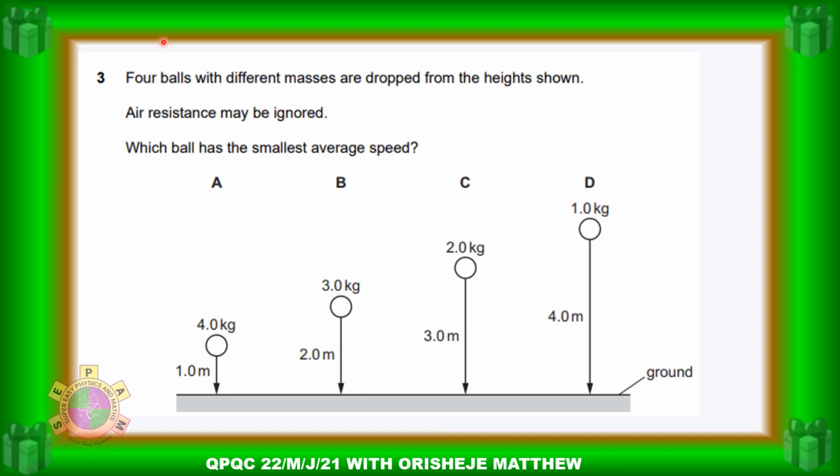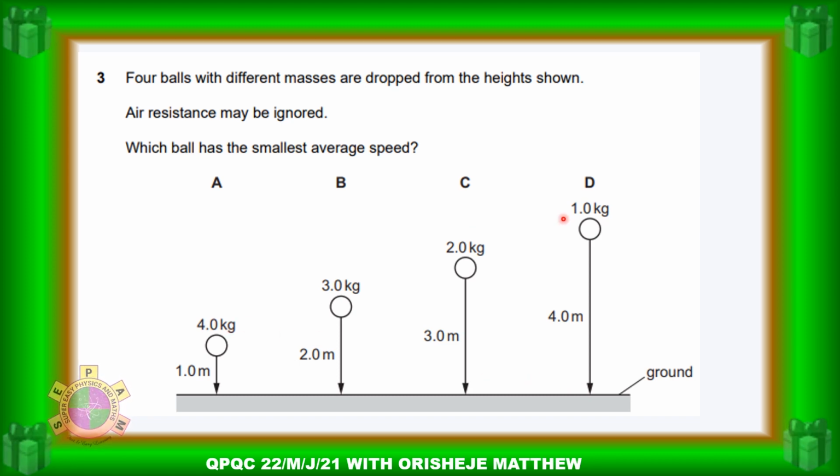Now, 4 balls with different mass are dropped from the height shown. Ball A is dropped from a height of 1 meter, ball B from a height of 2 meters, C from a height of 3 meters, and D from a height of 4 meters.